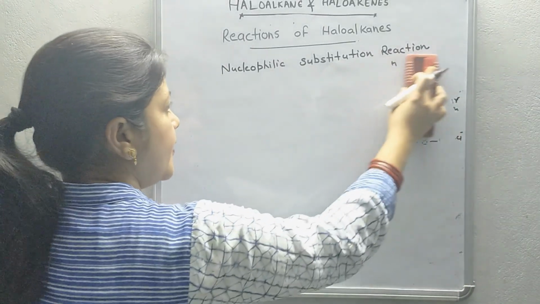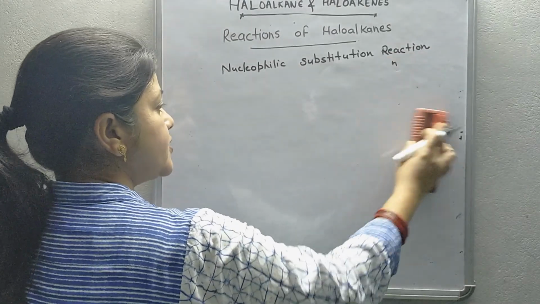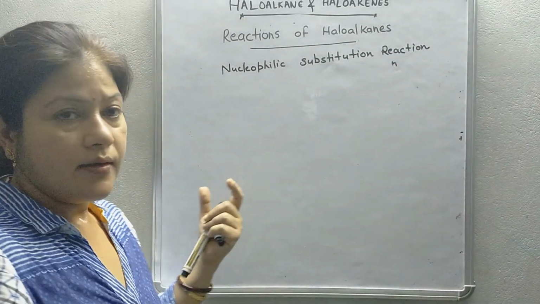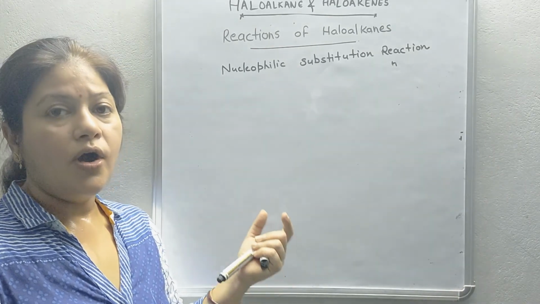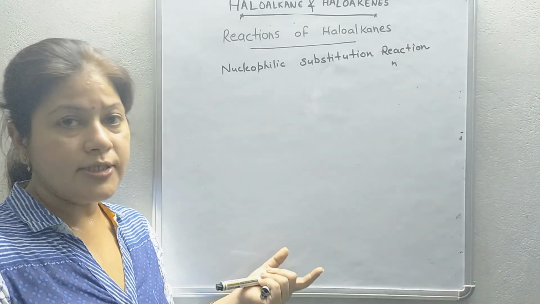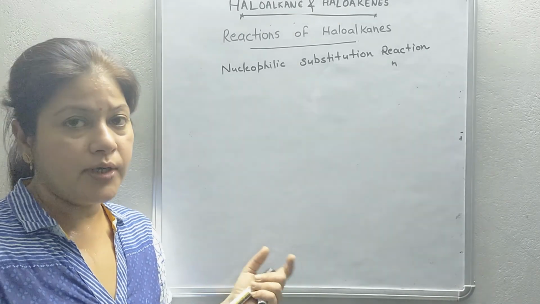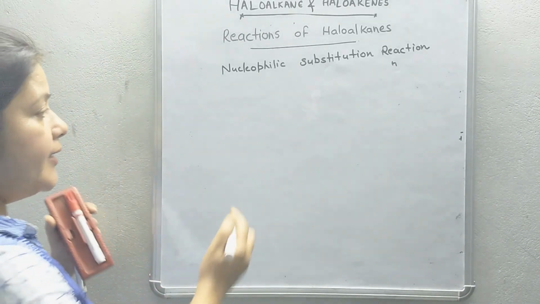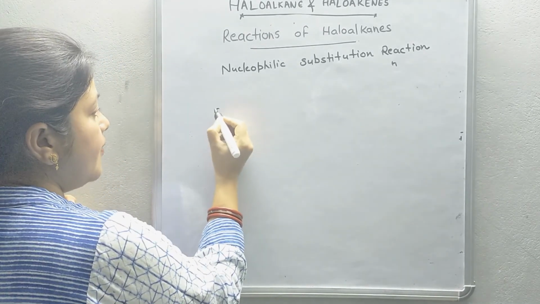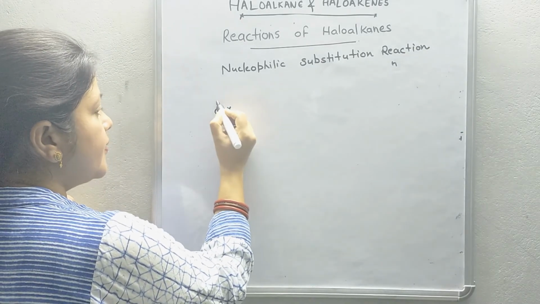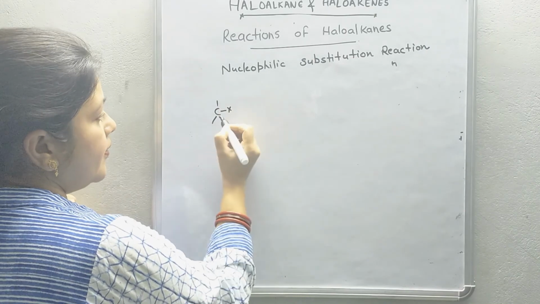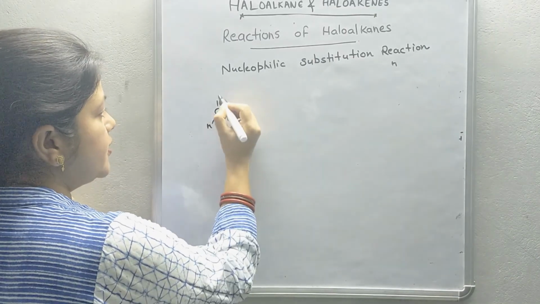We take methyl chloride, ethyl chloride, propyl, isopropyl and isobutyl halides. For example, chloride or any other halogen.